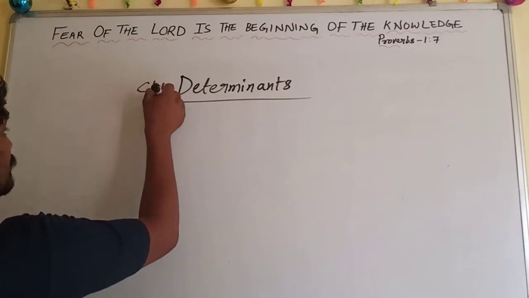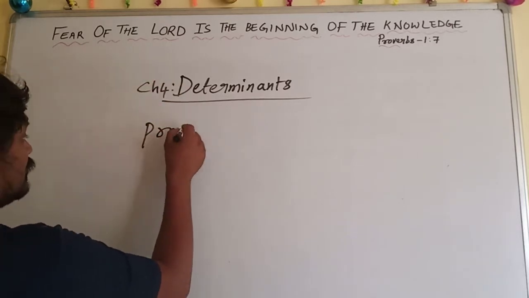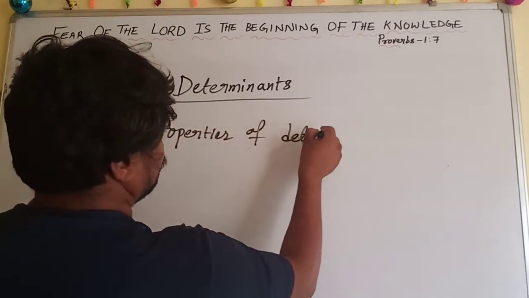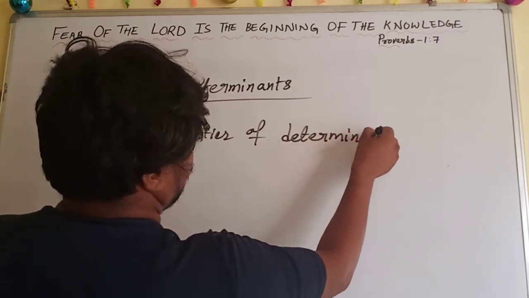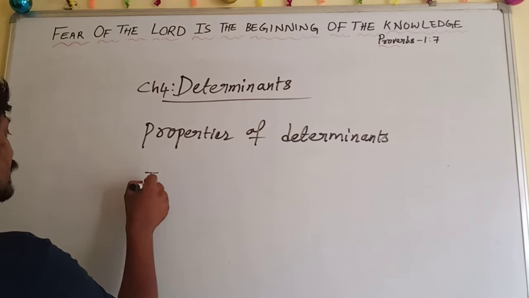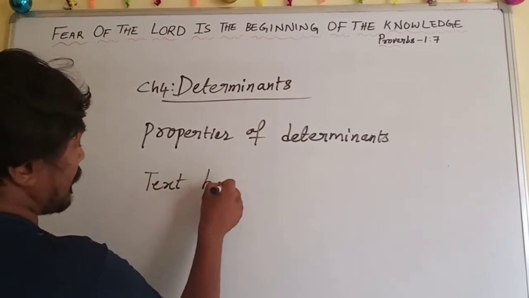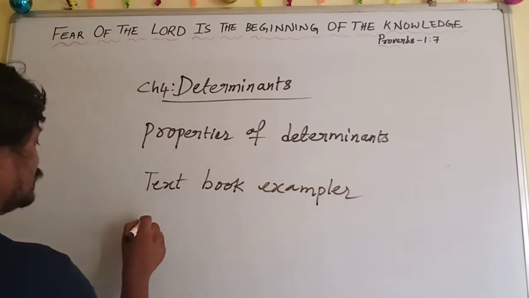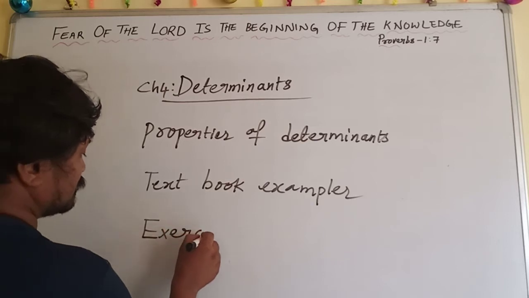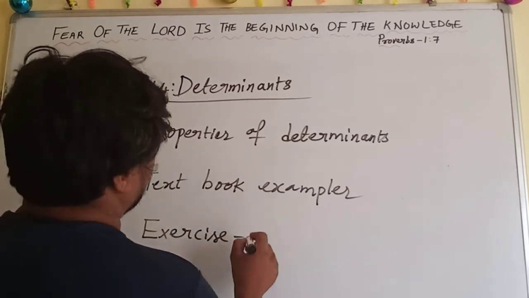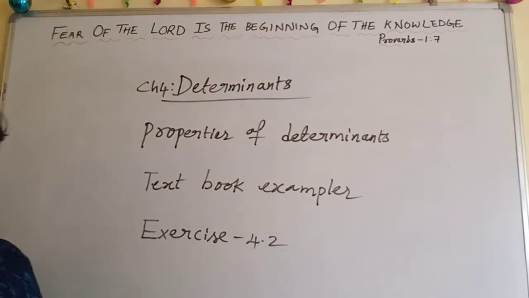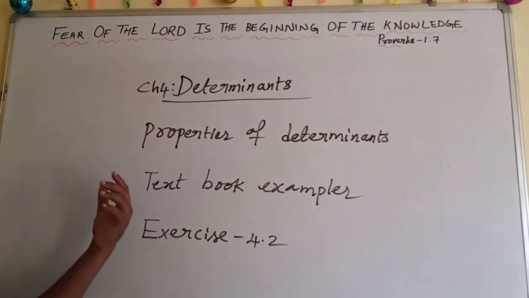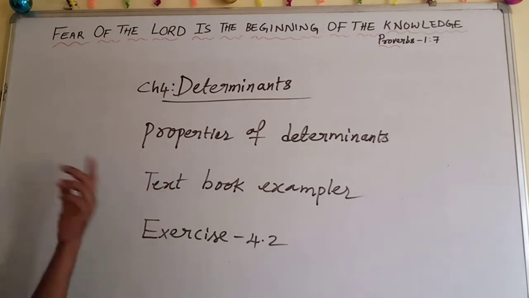It is your chapter number 4, properties of determinants, and textbook examples, then exercise number 4.2. So today's class we are going to discuss properties of determinants, if possible textbook examples, and exercise number 4.2.